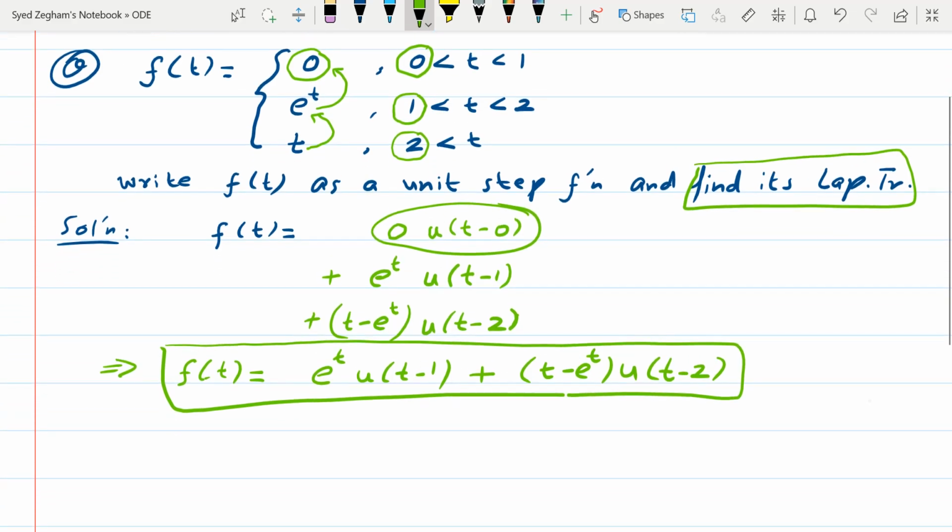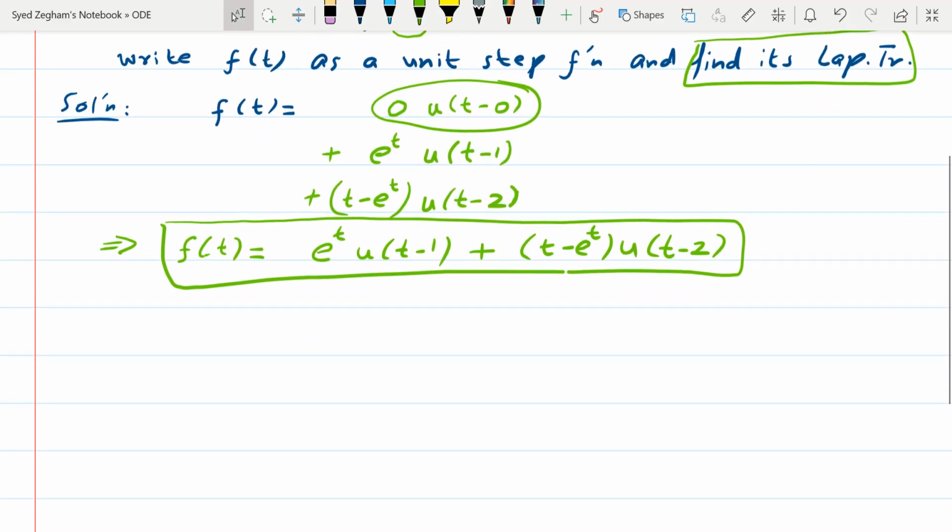Now, before I start this, we will quickly recap our second shift property, which we will use here.